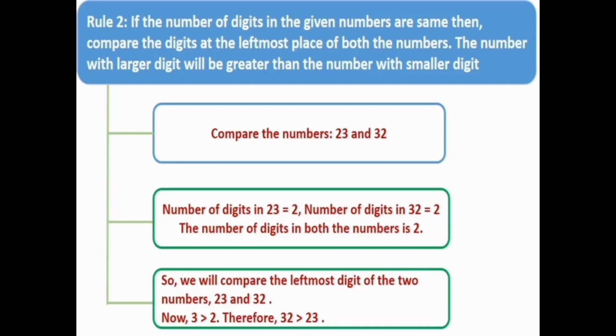The number of digits in 23 is 2 and in 32 is also 2, so the number of digits in both numbers is the same. So we will compare the leftmost digit of these numbers, and here 3 is greater than 2. Therefore 32 is greater than 23. Hopefully it is also clear to you.